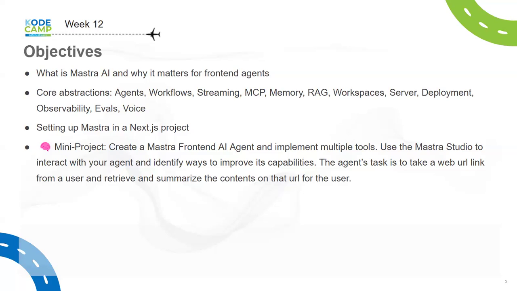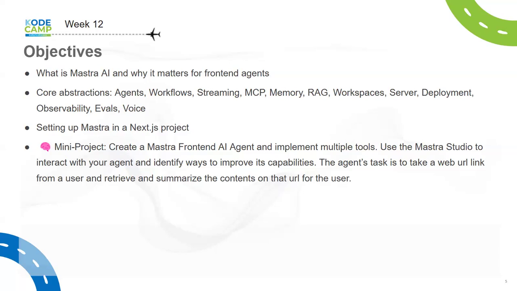So we already did an overview of MCP as a protocol that allows AI to connect with knowledge, with context, with tooling, in a uniform way, no matter where those things are. So we'll talk about memory as well, talk about RAG, talk about workspaces.